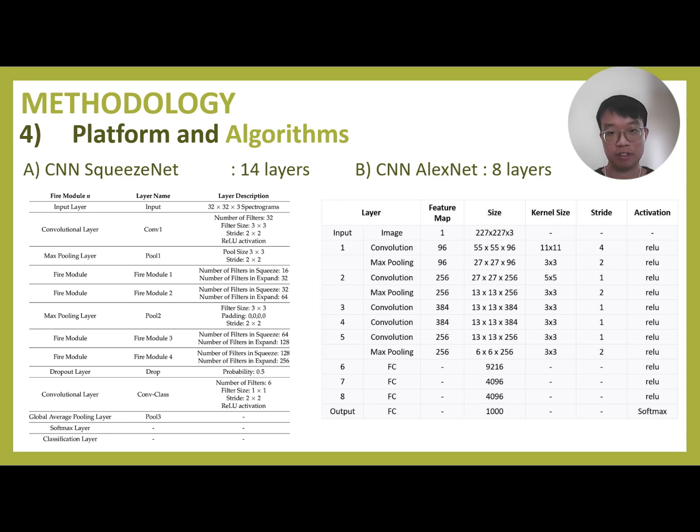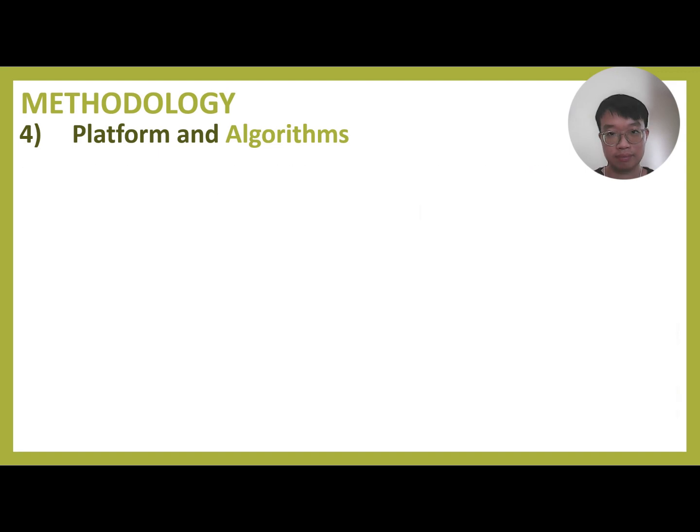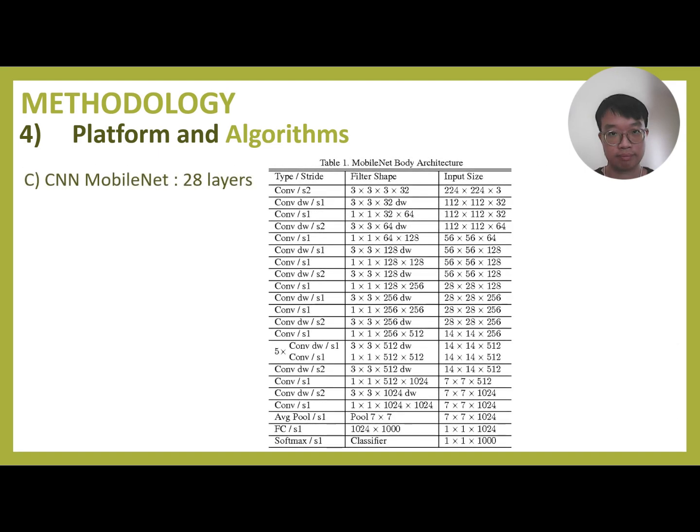The CNN algorithms trained are CNN SqueezeNet, which has 40 layers, CNN LeNet, which has 8 layers, and CNN MobileNet, which has 28 layers.